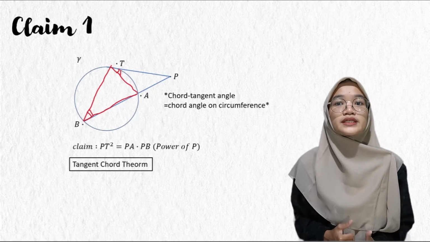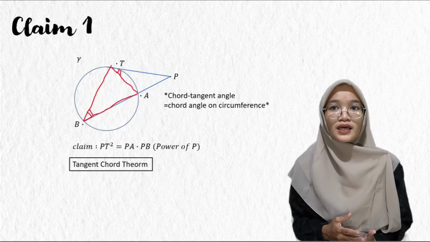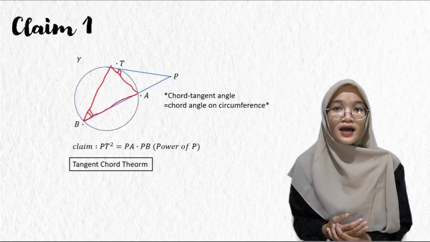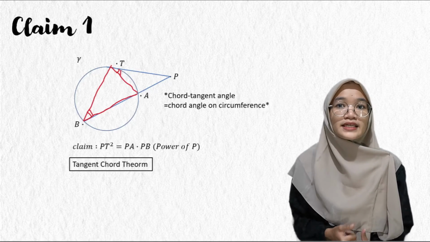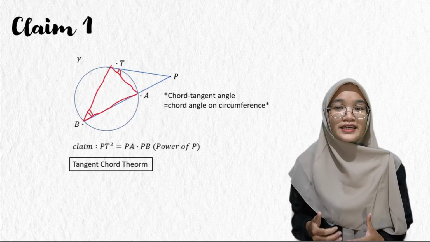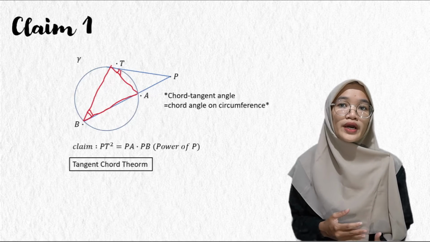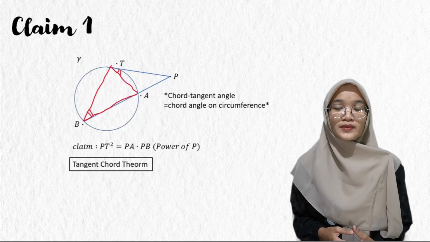The theorem is this: if you have a point P and you draw a tangent like this, and there is a chord TA, then the angle made by the chord with the tangent, this angle, is equal to the angle made by this chord on the circumference.